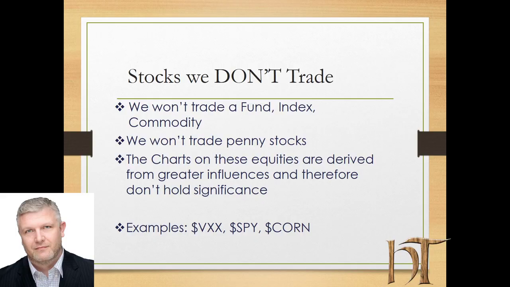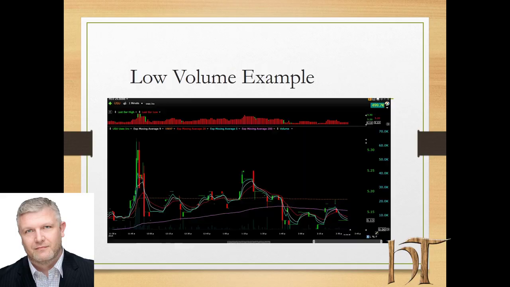This is a low volume stock here. This is an example of a stock that on a day-to-day basis would be totally wasting our time to look at. So this has 500,000 in volume, right? But what can we take away when we look at this type of chart pattern?